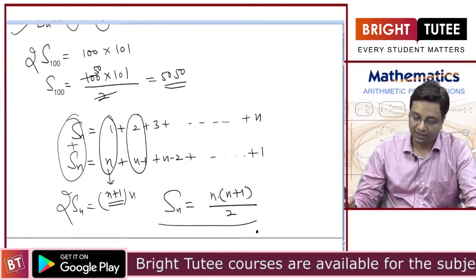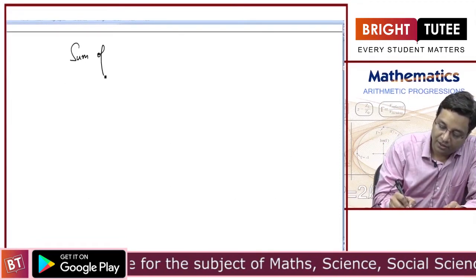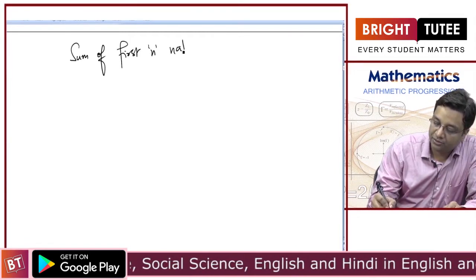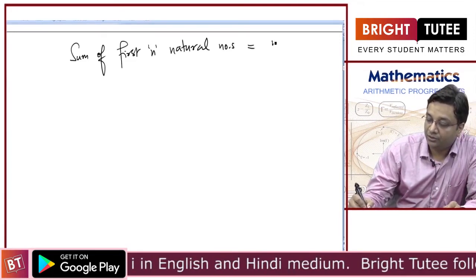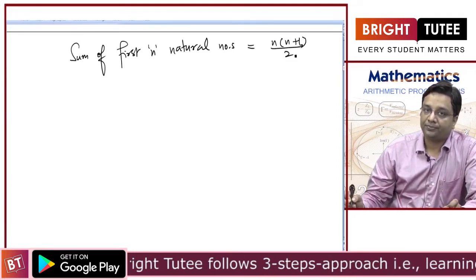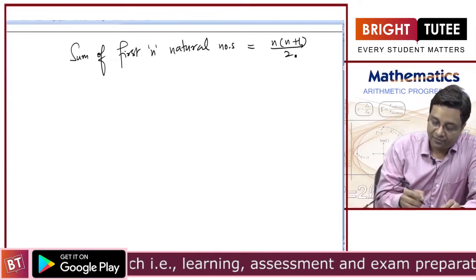So the sum of first n natural numbers is equal to n into n plus 1 by 2, right? This is an important formula that you need to memorize.